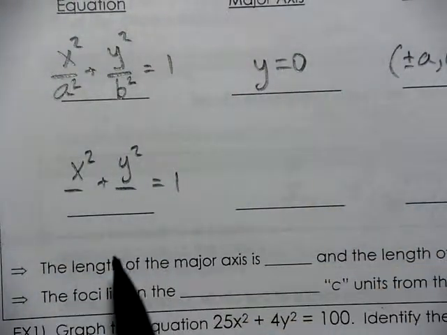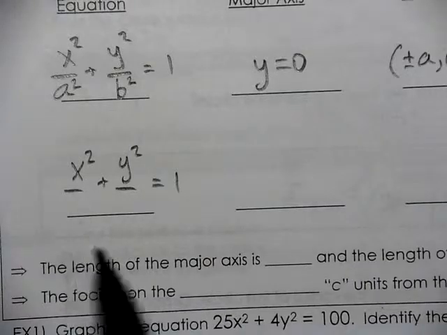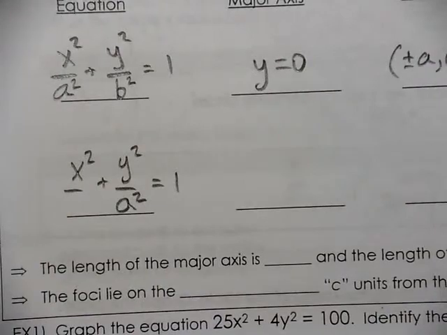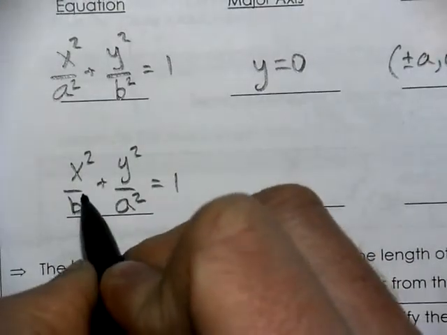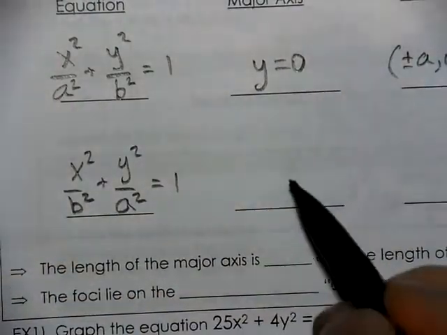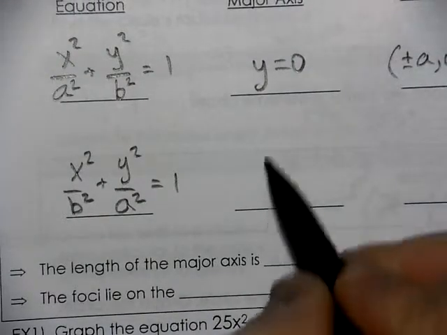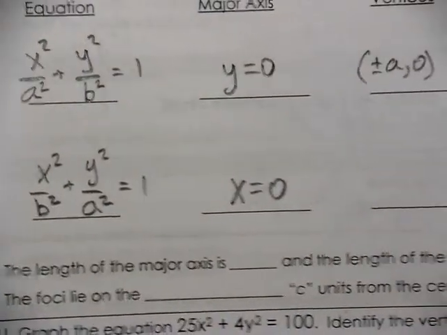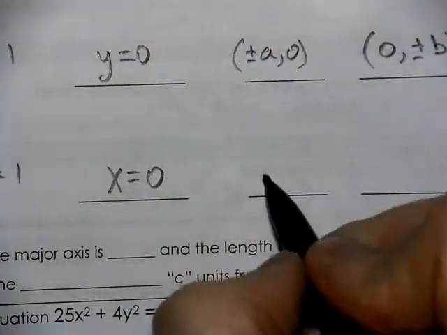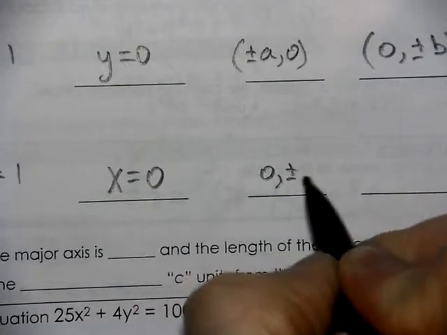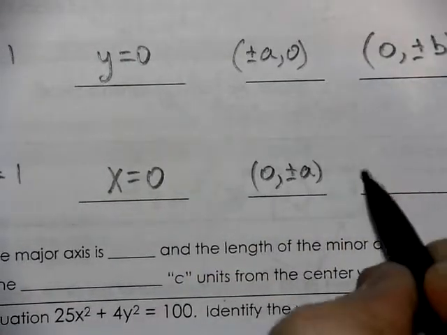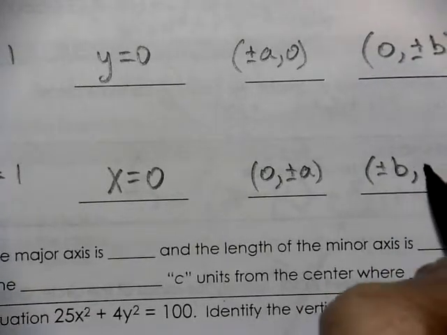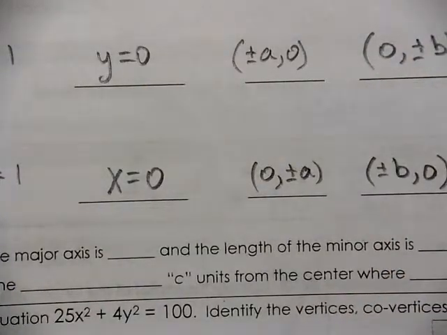But if the major axis is following the y-axis, the a squared is underneath the y, and the b squared therefore is underneath the x. Your major axis is following the y-axis, which is called x equals 0. Your vertices now go up and down, so it's 0 comma plus or minus a, and your co-vertices go right and left, so they're plus or minus b.